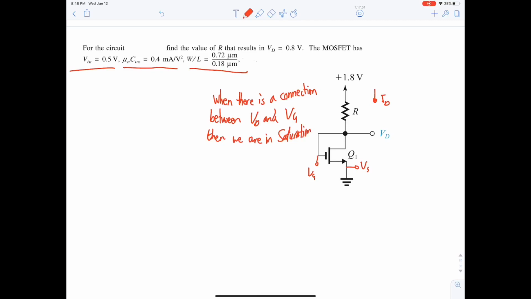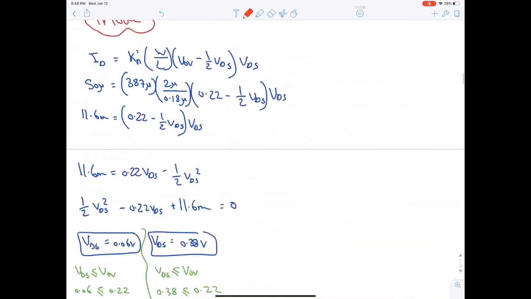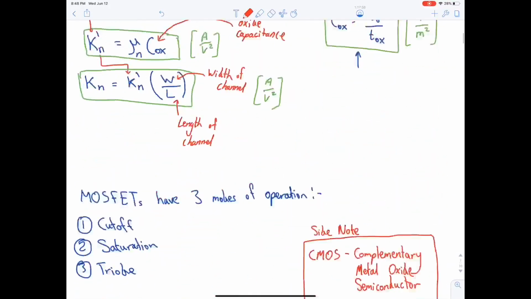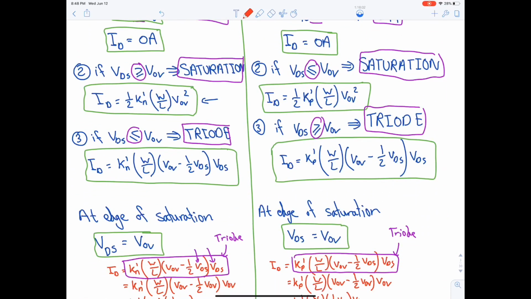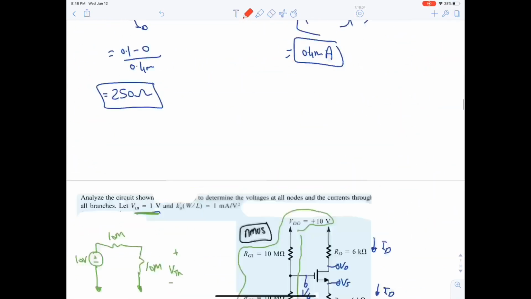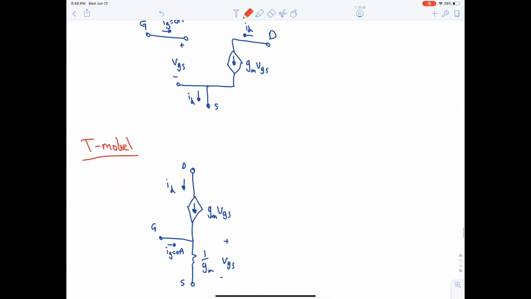Do you want us to prove it? Now here in NMOS, for saturation, VDS has to be greater than or equal to VOV.